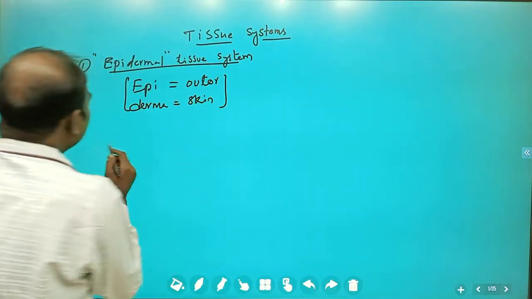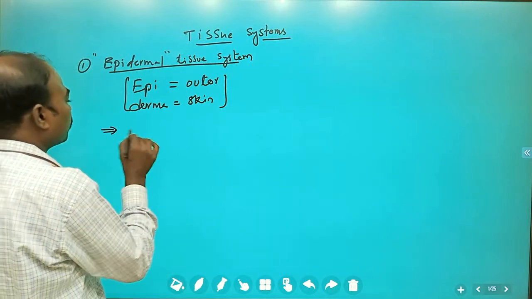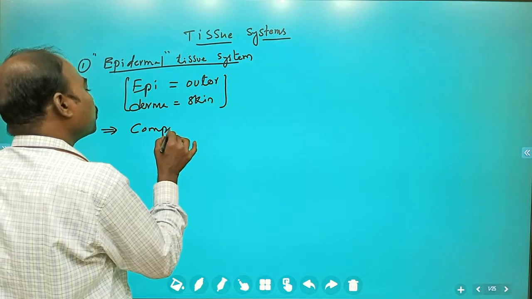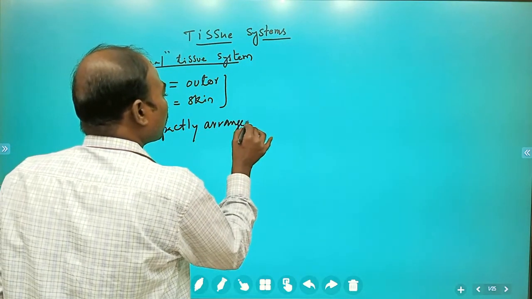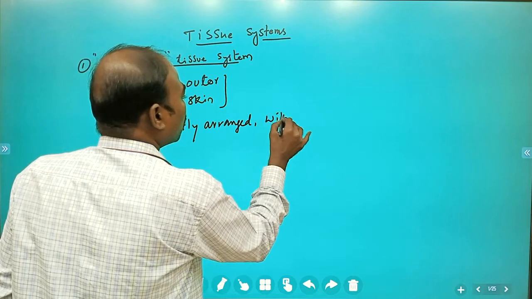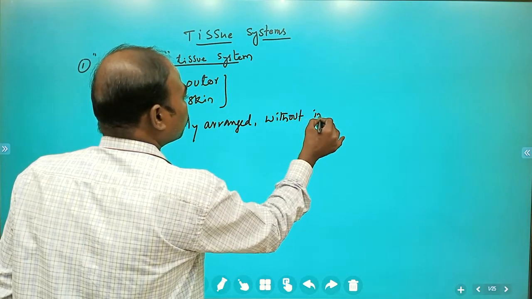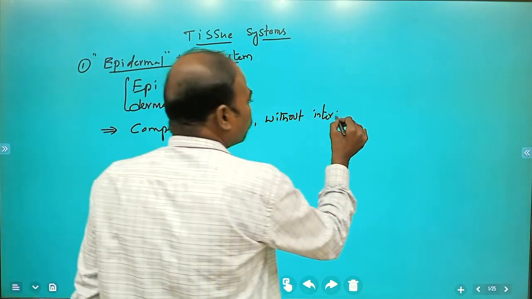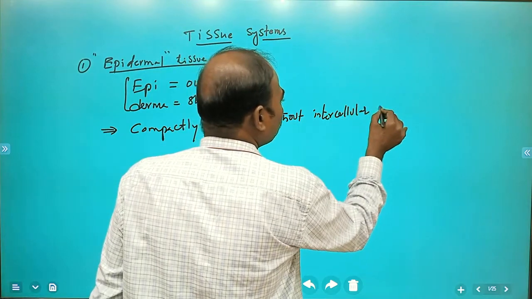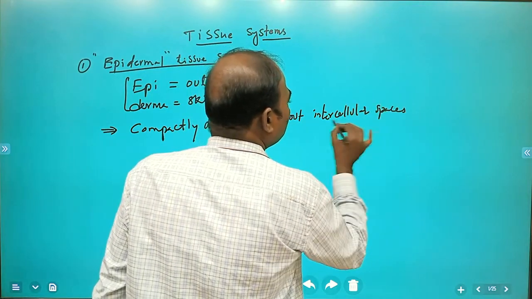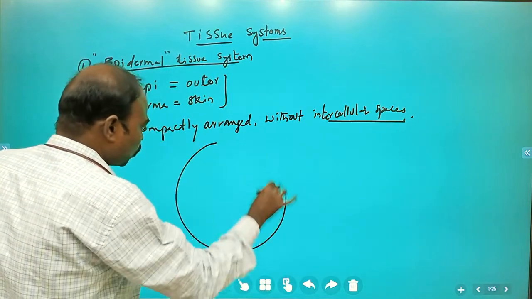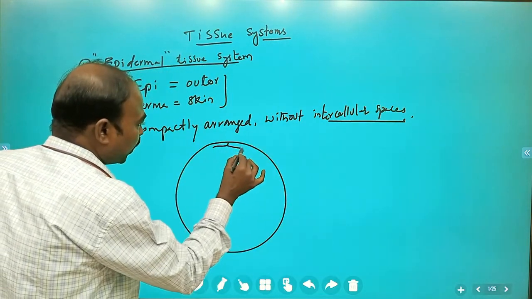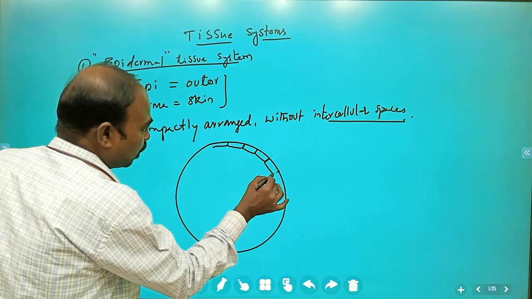Generally, the epidermal cells are compactly arranged without intercellular spaces or without gaps. Like this. When you take anatomy, these epidermal cells are arranged like this.